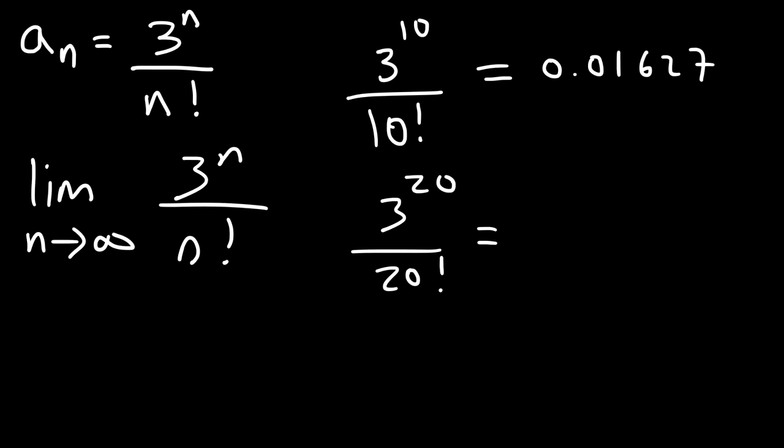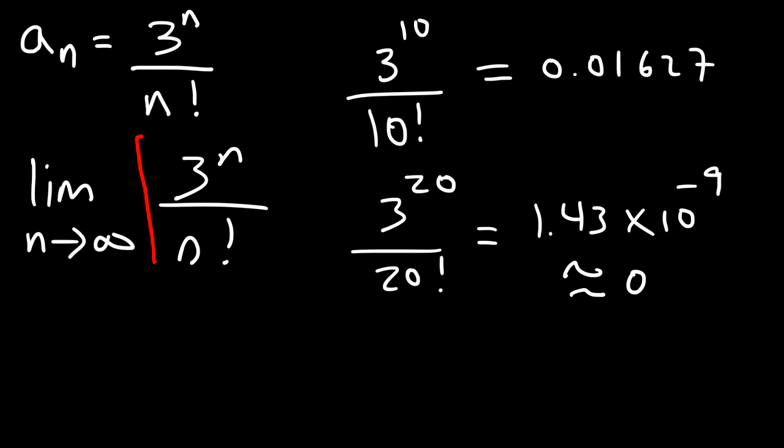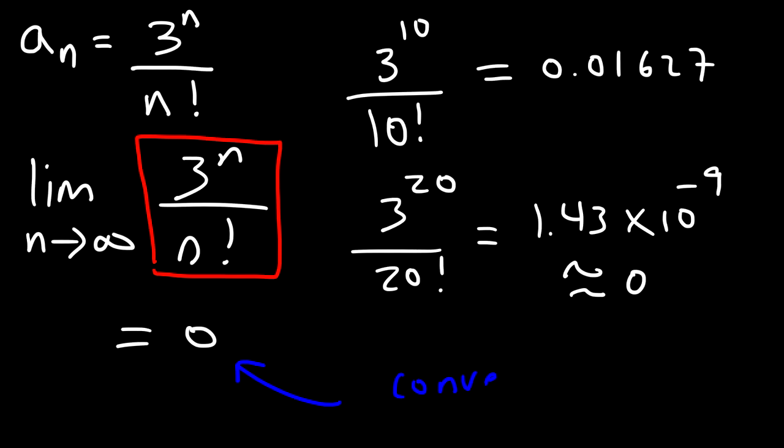This is going to be a very small number, approximately 1.43 times 10 to the -9, which is approximately 0. So we could say that as n approaches infinity, the sequence reaches 0. So therefore, this indicates that we have a convergent sequence.